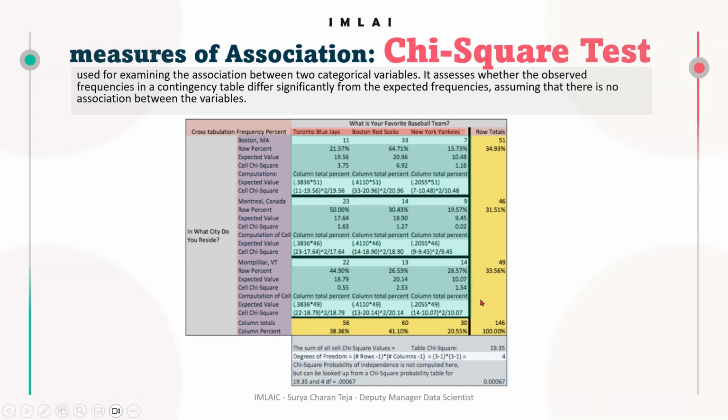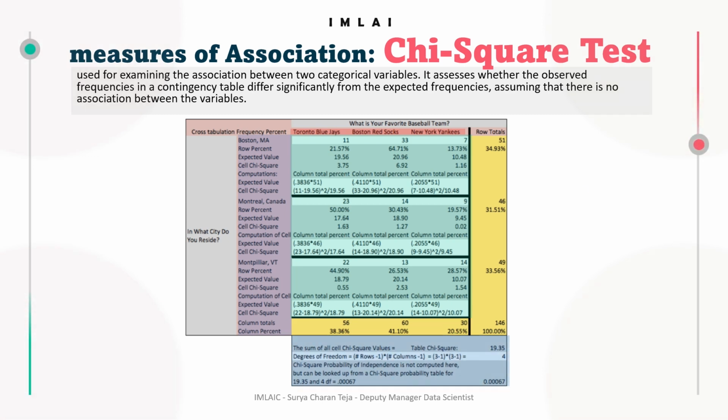So we therefore reject the null hypothesis of no difference and conclude that there must be a relationship between the variables. We can observe the relationship in two places in the table. The value that we have got is 0.00067 for the degrees of freedom 4, and it says that there is a relationship between the categorical variables. So hence you can reject the null hypothesis.